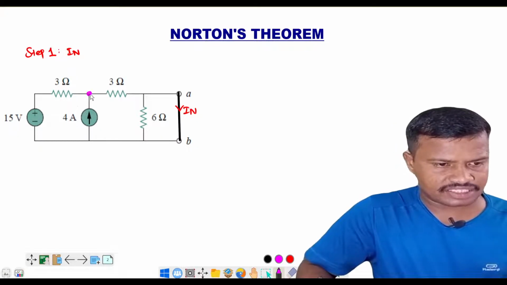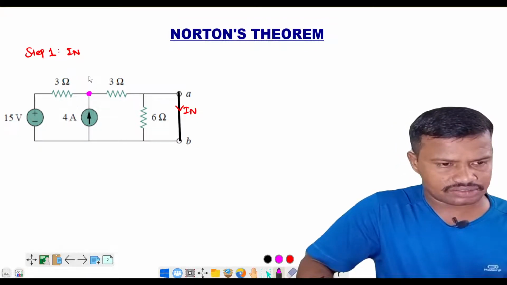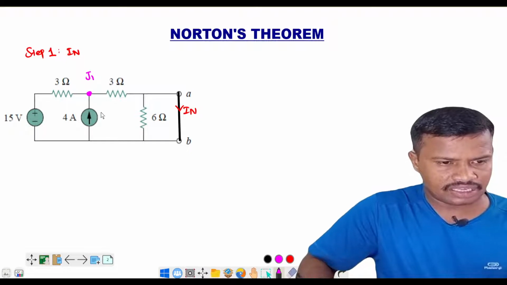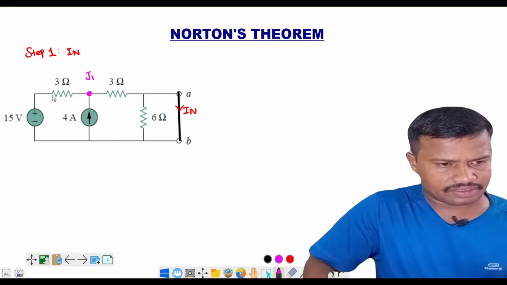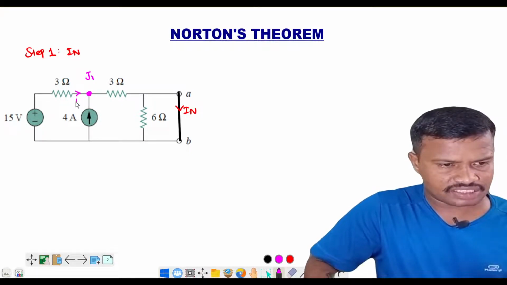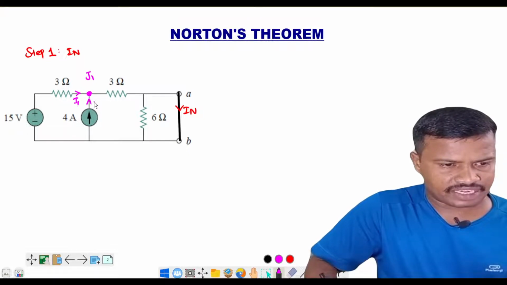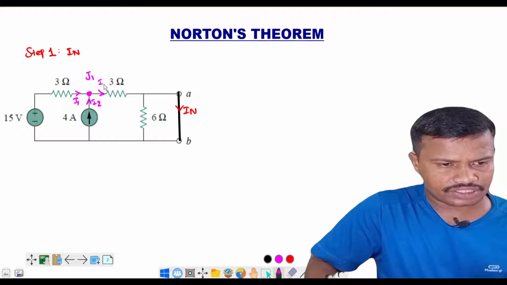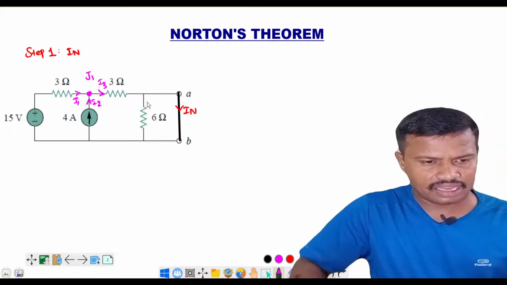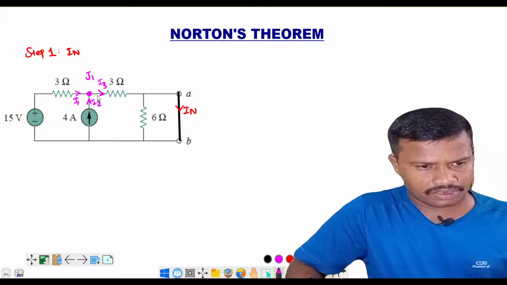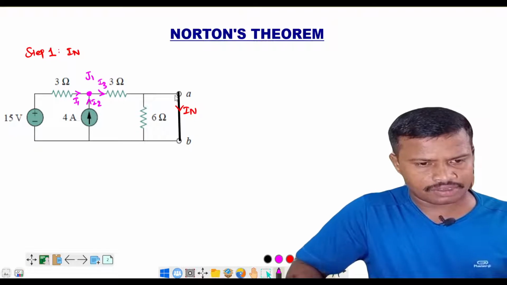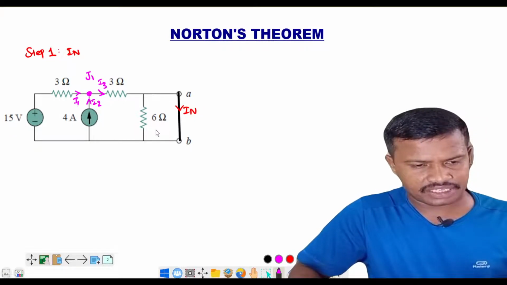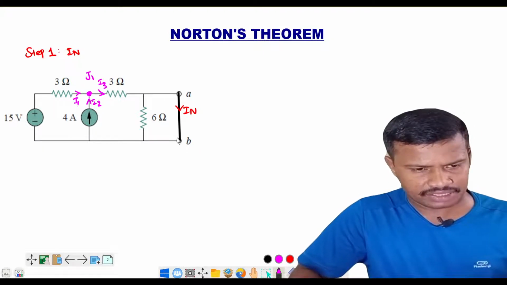Now we will mark the junction. Let us say this is junction J1, and the amount of current flowing through the 3 ohm resistor is I1, and the amount of current delivered by the current source is I2. The amount of current flowing through the 3 ohm resistor is I3, and the same amount of current I3 will flow through the A and B terminals because the current will follow the low resistance path.